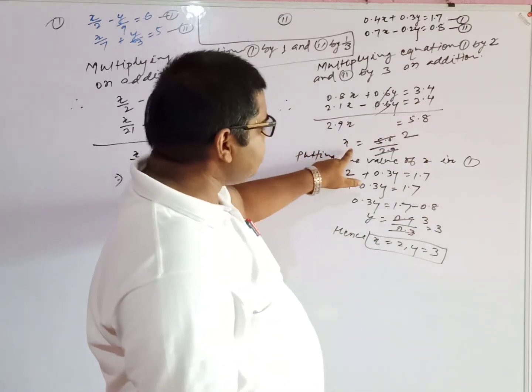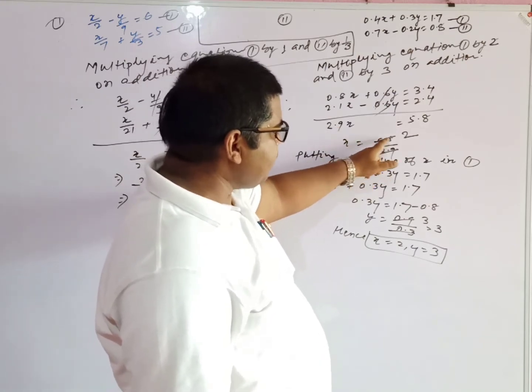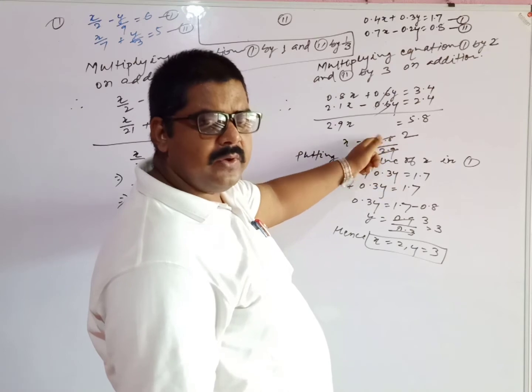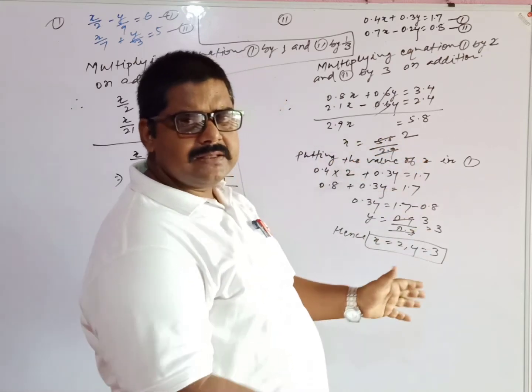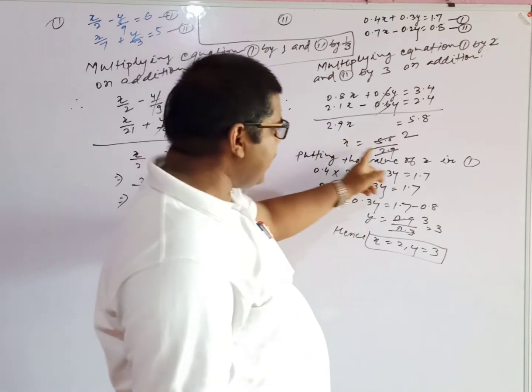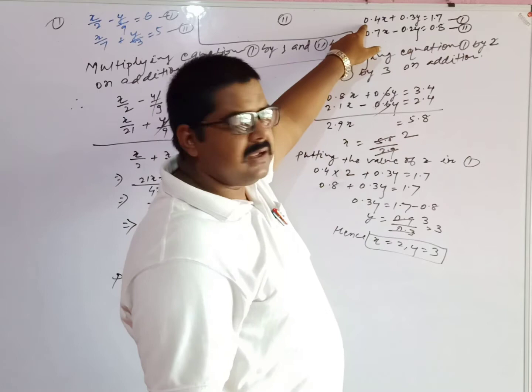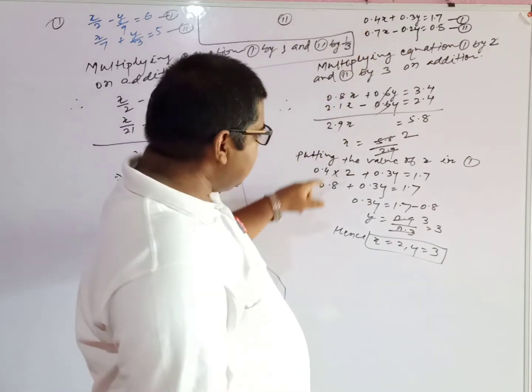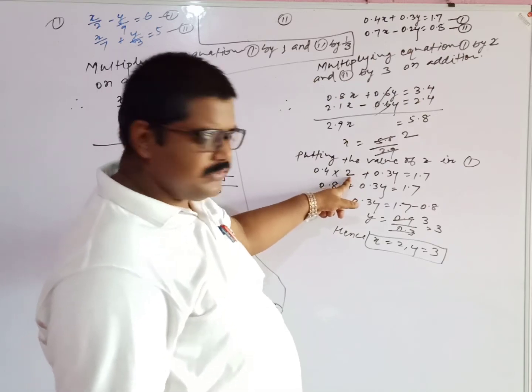After that, do the calculation. x = 5.8/2.9, and when you divide, the result is 2. So the value of x is 2.